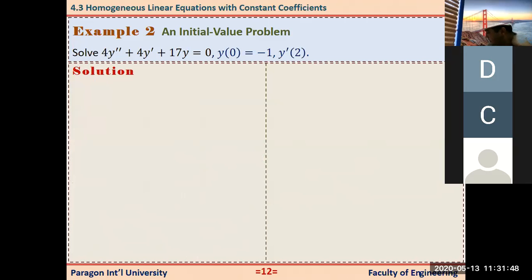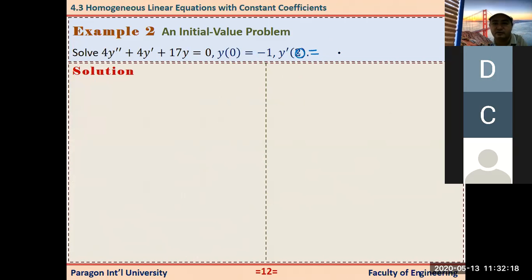Example 2, that is an initial value problem. Solve this differential equation, 4y'' + 4y' + 17y = 0, with initial conditions y(0) = -1 and y'(0) = 2.